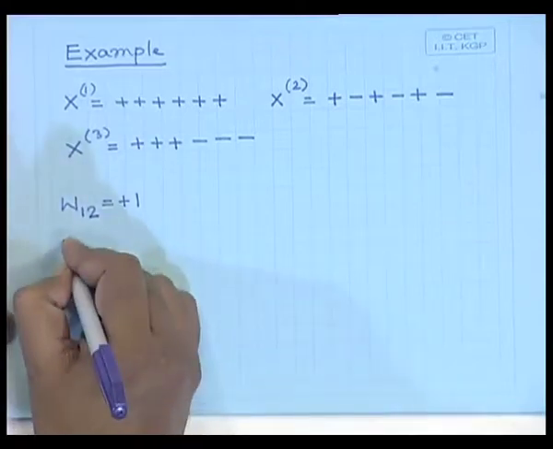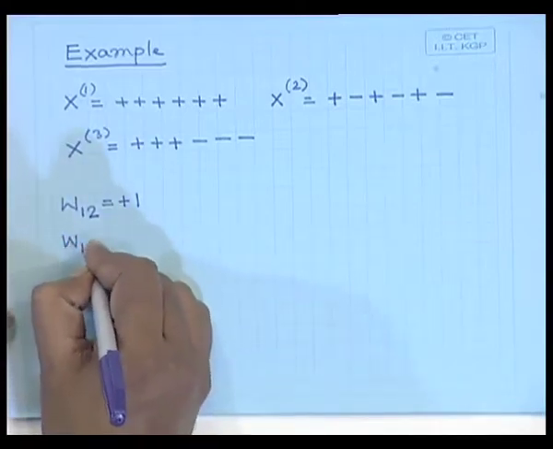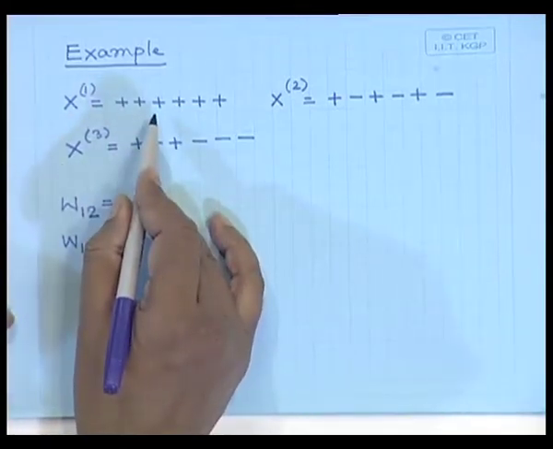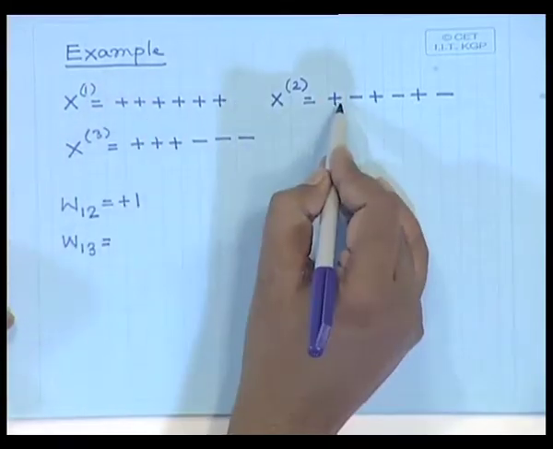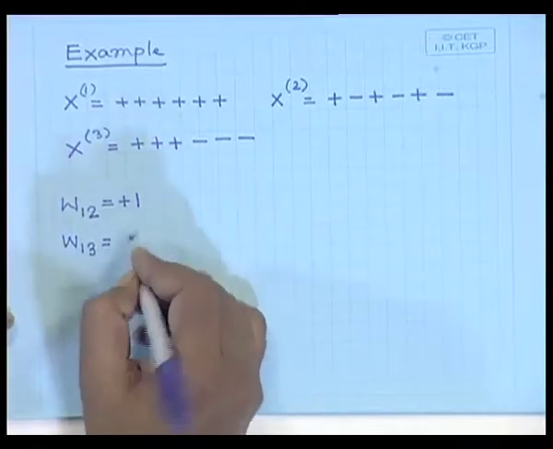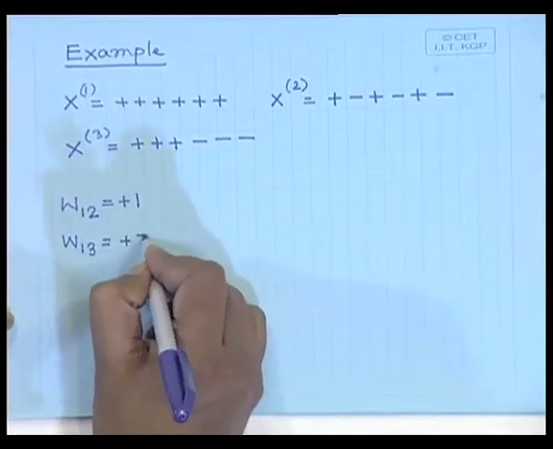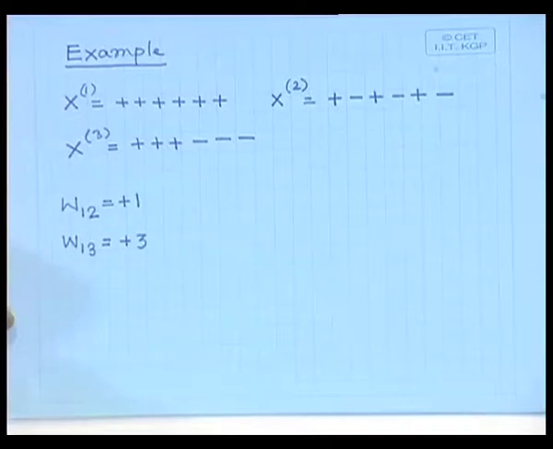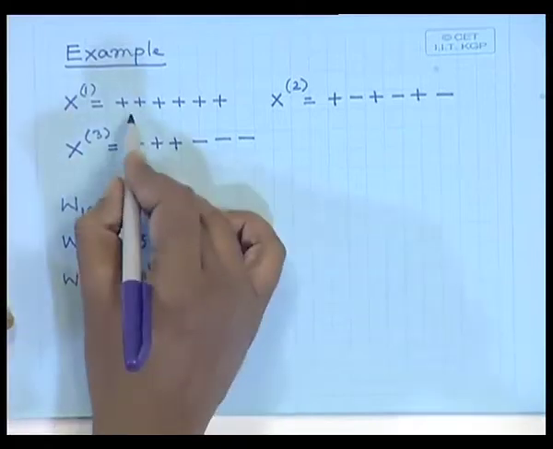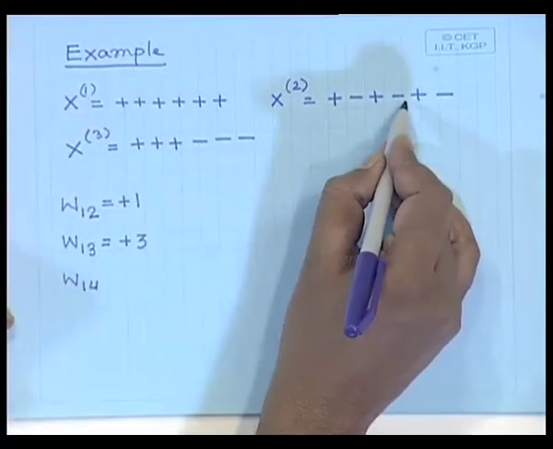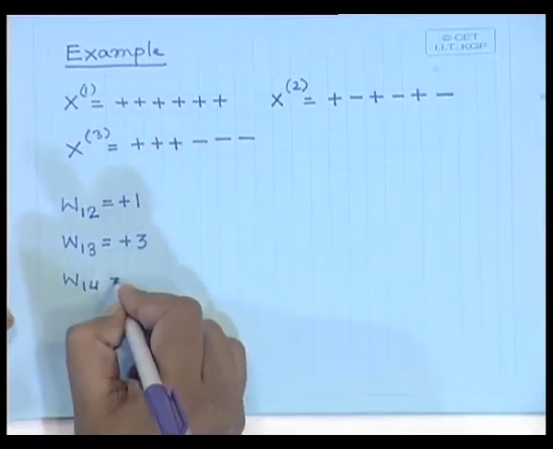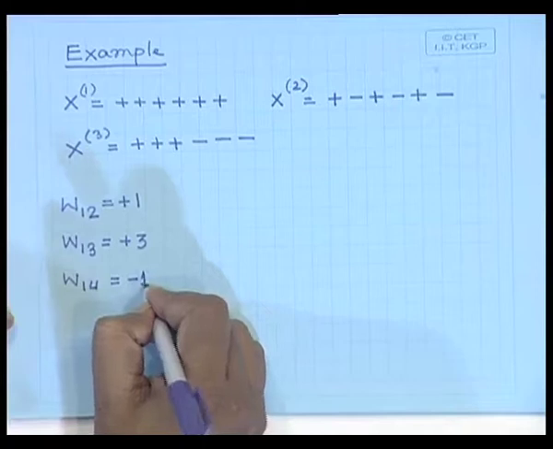Similarly, when I compute W13, I have to consider the first bit and the third bit. Over here it is plus 1, over here it is also plus 1, over here it is also plus 1. So, W13 is nothing but plus 3. What is W14? Here it is plus 1, here it is minus 1, here also it is minus 1. So, effectively I get W14 to be equal to minus 1.